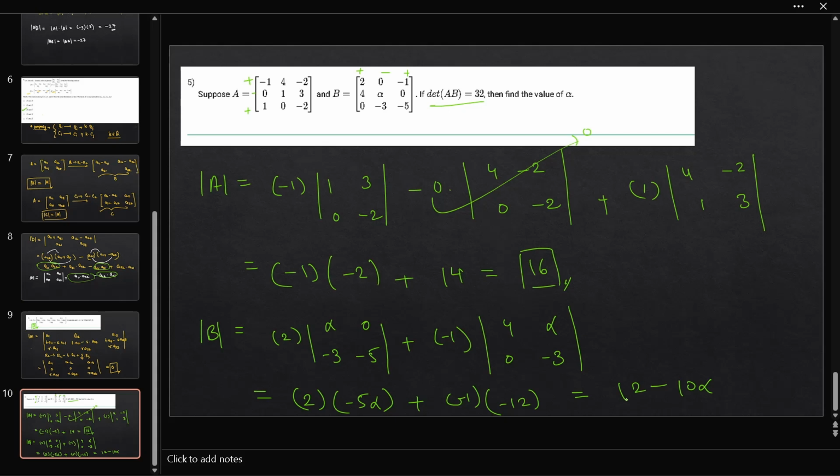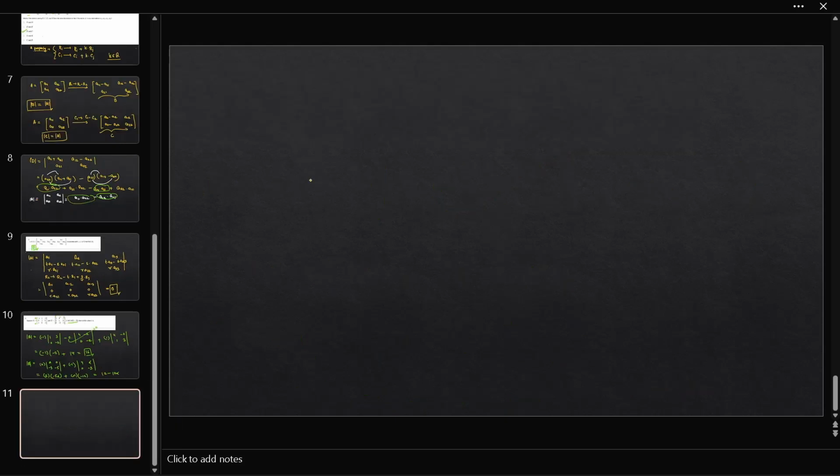So we got determinant of A, we got determinant of B. In the question, it is given to us that determinant of AB is equal to 32. Determinant of AB is basically equal to determinant of A into determinant of B, that is equal to 32. We have found the value of determinant of A, that is coming out to be 16, and then we have determinant of B, that is 12 minus 10 alpha.